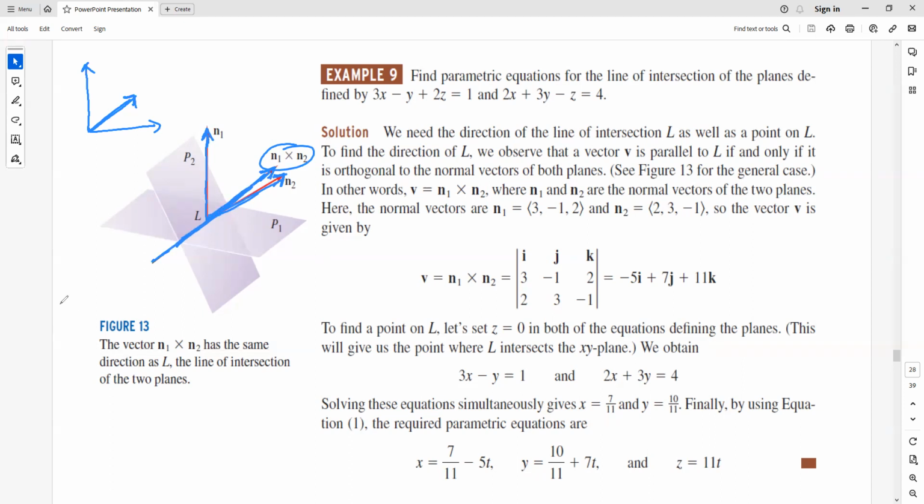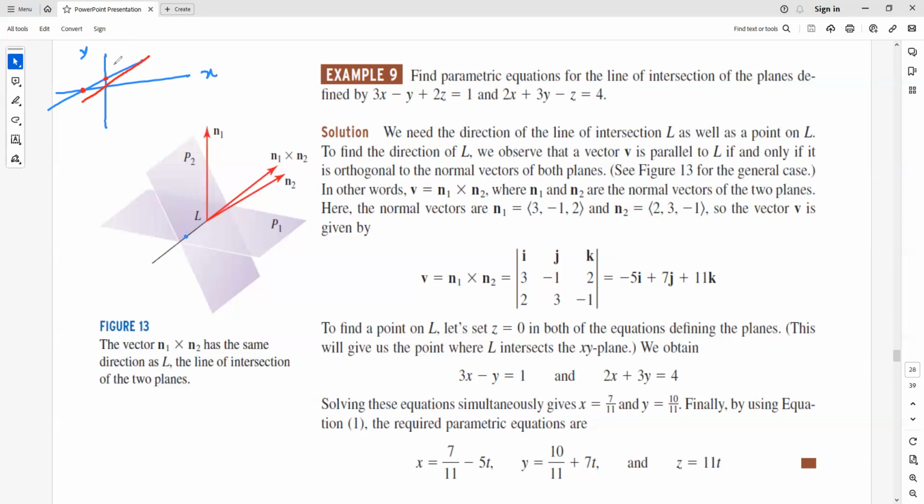And to find a point on this line, we know that if we have a line on the XY coordinate system, then the line must cut through two points. Either it will pass through the origin, or if not, then it will cut the x-axis and y-axis, right?